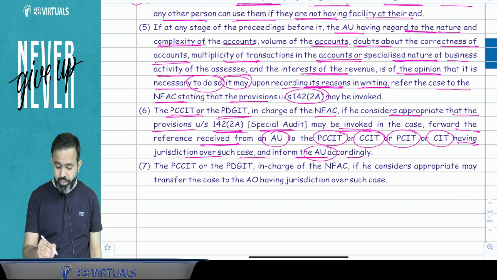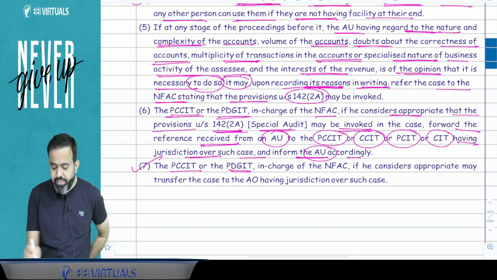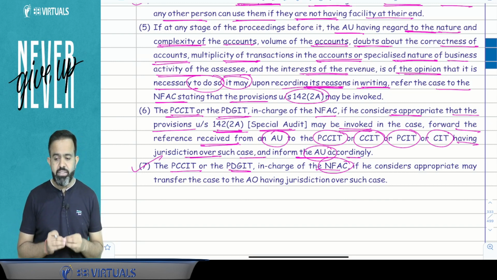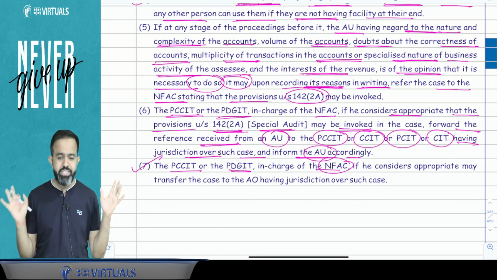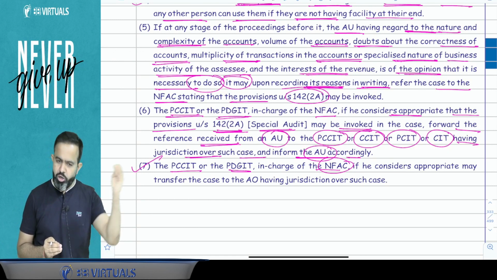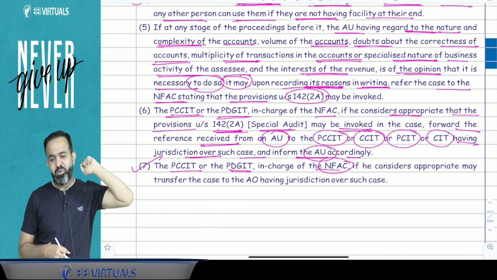Now next, one more point, guys. This PCCIT or PDGIT in charge of the NFAC, at any stage, if they feel that the assessment should not be done in the faceless manner and should be done like a normal assessment, then they may transfer your case to your jurisdictional assessing officer.